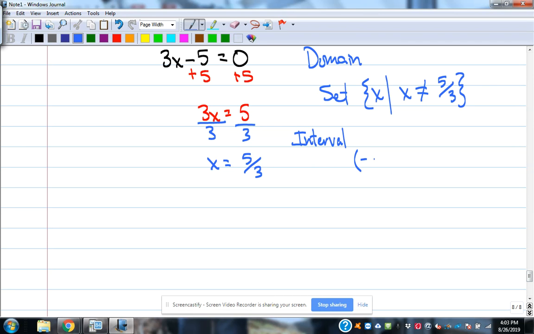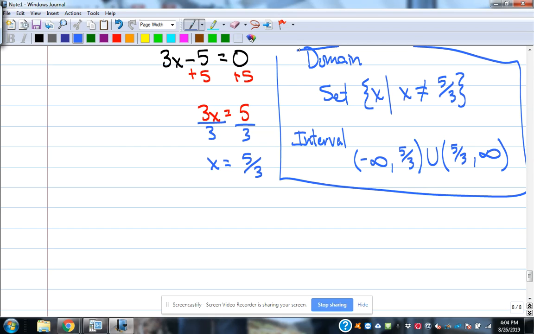So you're going to start at negative infinity, and you're going to truck along until you get to 5 over 3, and parenthesis, union, parenthesis 5 over 3, and then we're going to pick back up and go on to positive infinity. So there's the domain for that particular function in set notation and interval notation.